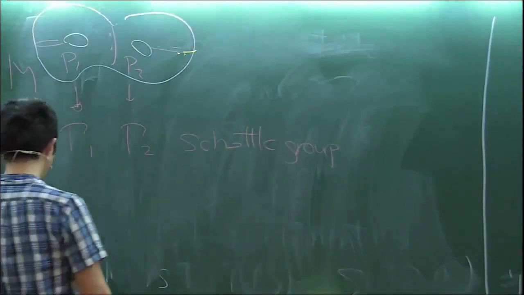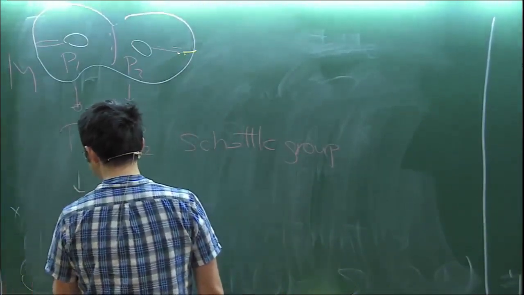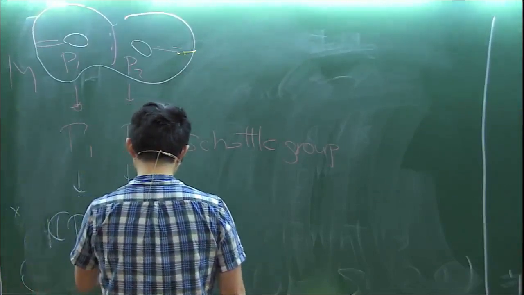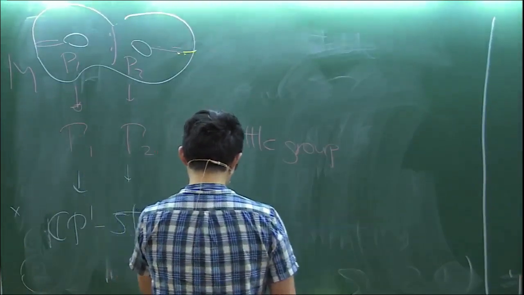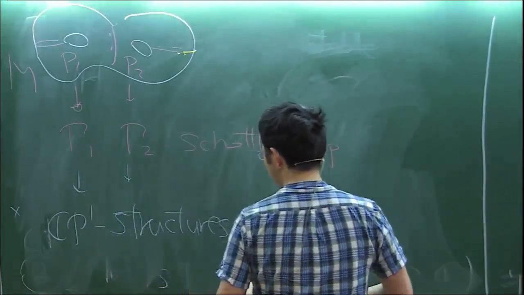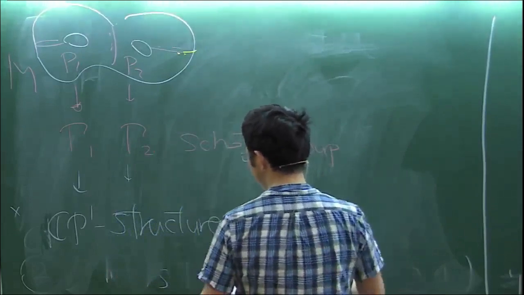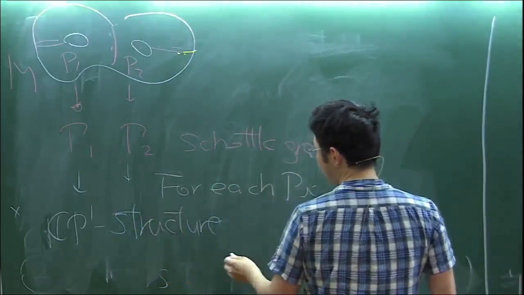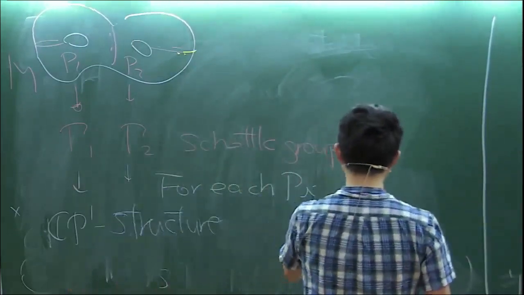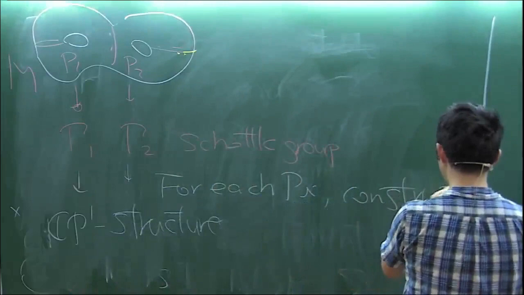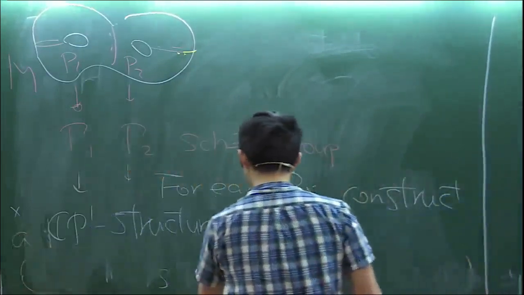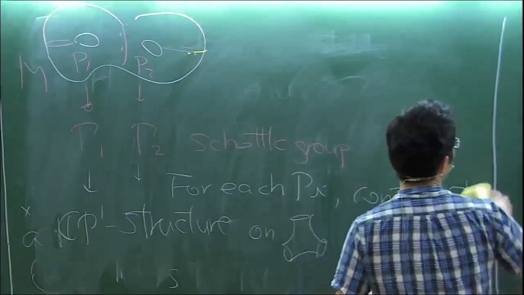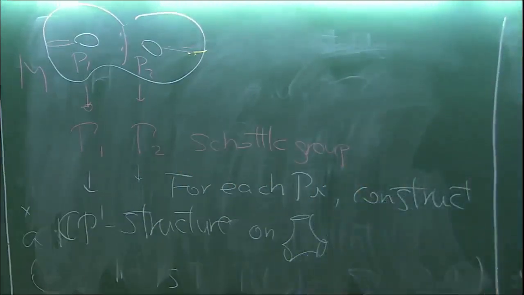And then from here, we can construct CP1 structures. For each pair of pants Pi, we construct the CP1 structure on the pair of pants by this construction.